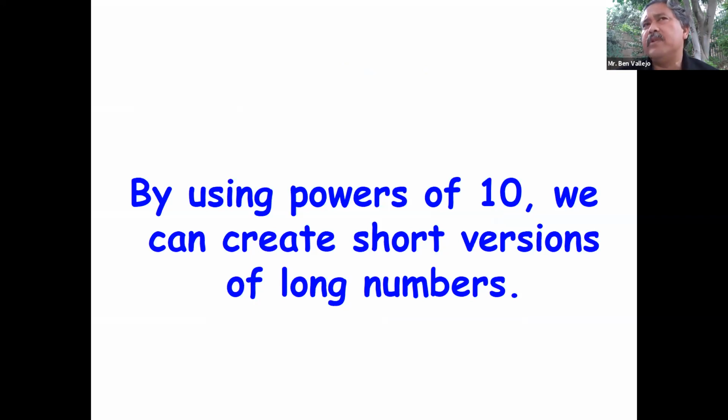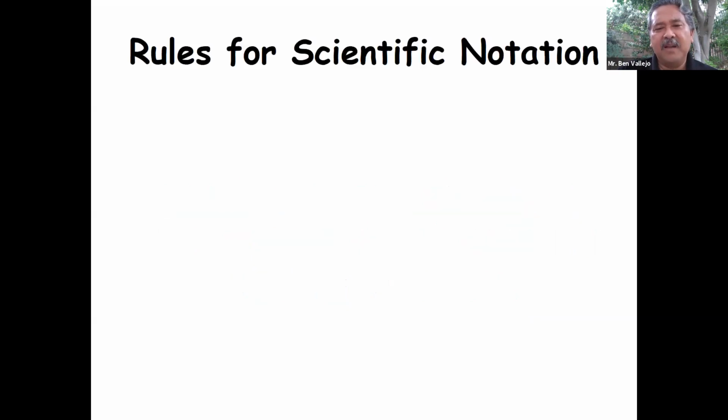Or if you have a really, really small number, like the size of a virus is 0.00000001. How many zeros was that? Well, with scientific notation, you can know that. So by using powers of 10, we can create short versions of long numbers.